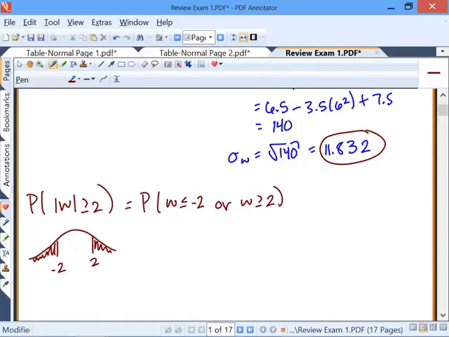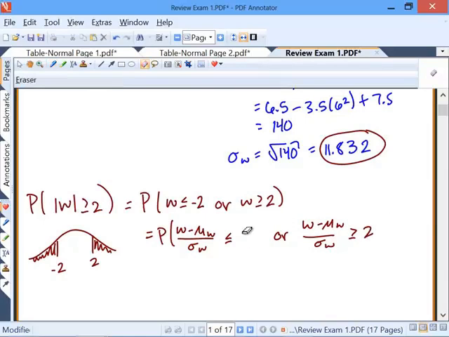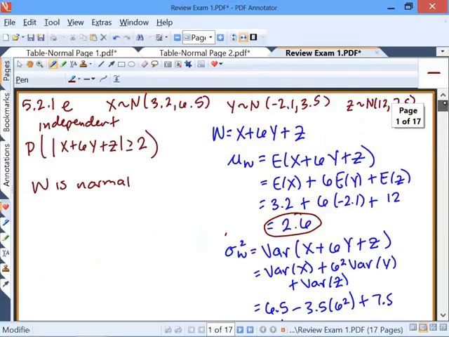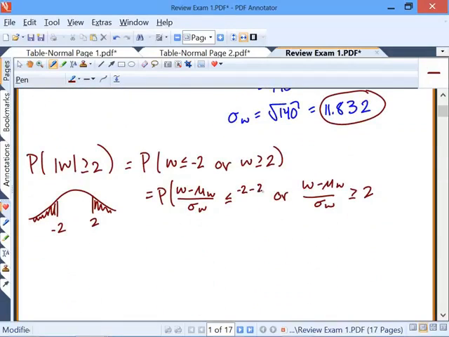Before I can do this, I need to standardize. So it's going to be W minus the mean of W over the standard deviation of W, is less than or equal to negative 2. Or W minus the mean of W over the standard deviation of W is greater than or equal to, oh, what did I miss? I forgot to actually standardize the number. So negative 2 minus my mean of 2.6 divided by my standard deviation of 11.832.